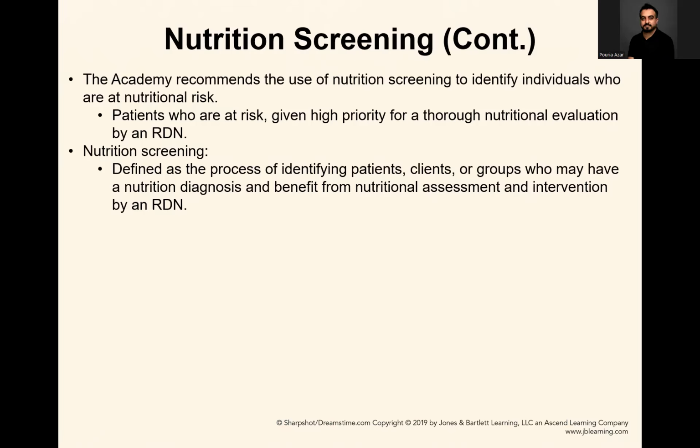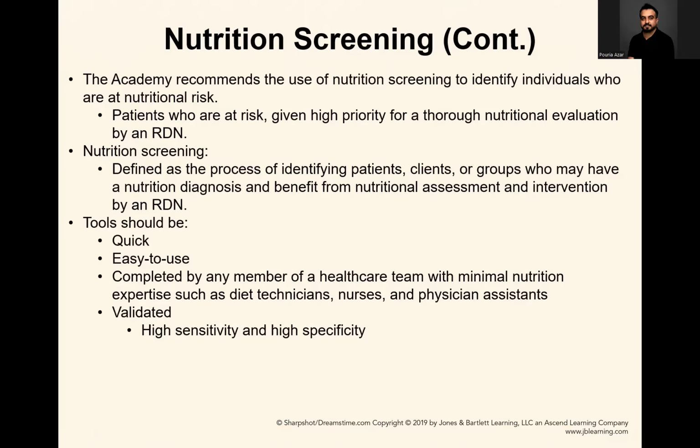And after, if they identify a problem, if they identify that this patient or client is malnourished or is at risk of becoming so, then they can refer that patient to a dietitian, and that dietitian can conduct nutritional assessment.